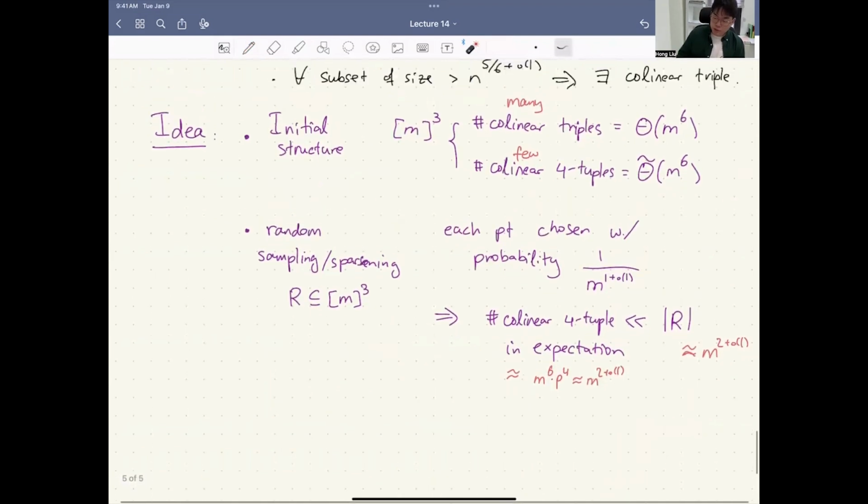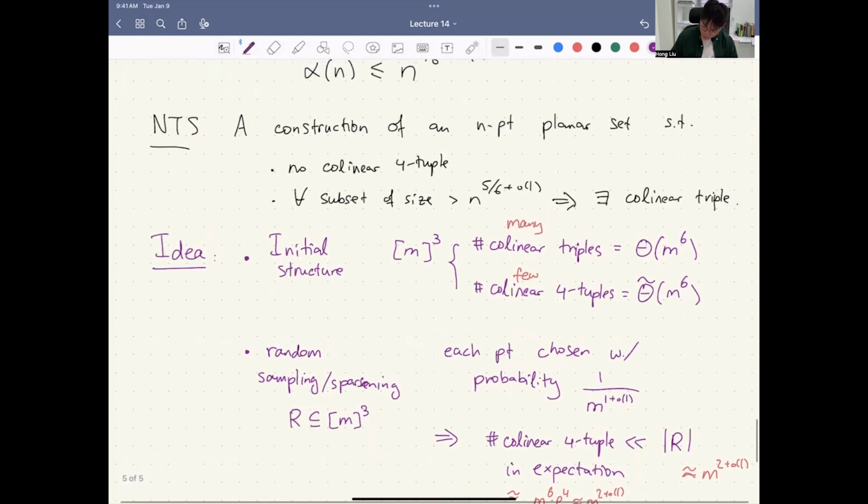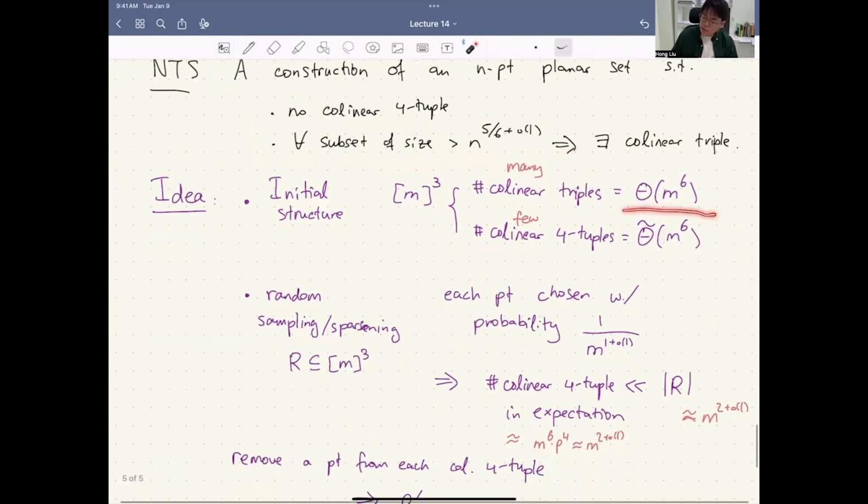Then you can remove a point, first moment deletion, from each collinear 4 tuple, and you will get your final set R prime, where this R prime satisfies these. So all we need to prove is that this R prime still retains many of these collinear triples, so that if you take a large subset of that, we still have one collinear triple surviving there.